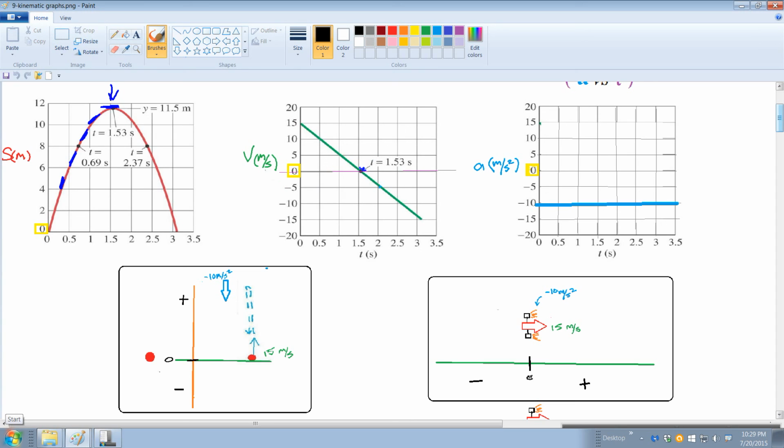That would be right here. Up here, as you can see, initially the slope is very steep. Well, that's right here. That slope initially is 15. And as you draw little tangent lines along this displacement curve, it gets less and less steep, and that's as the velocity is going down.